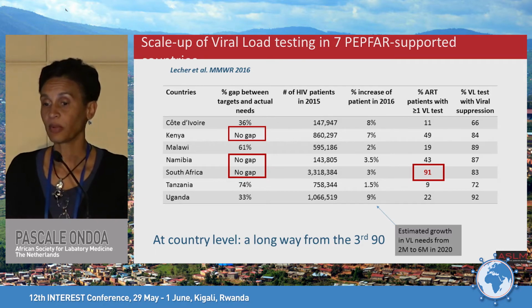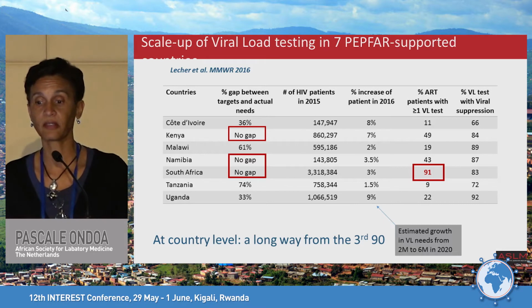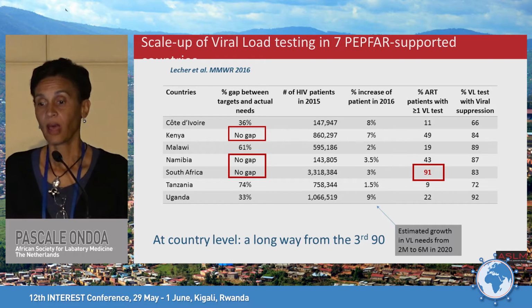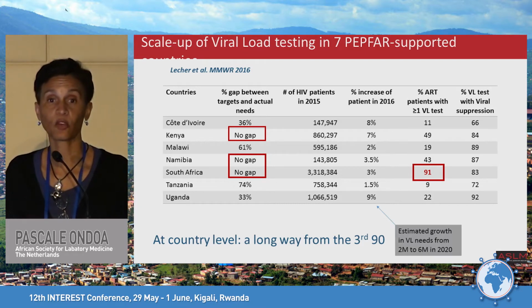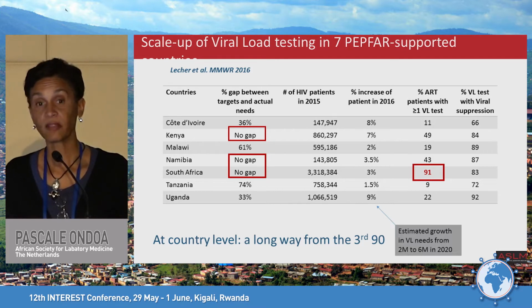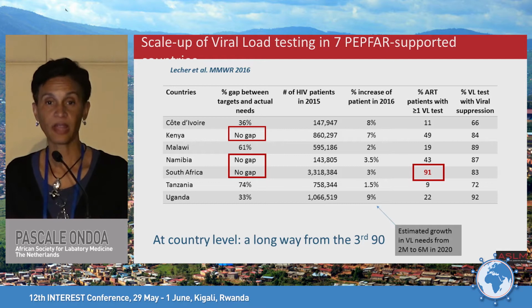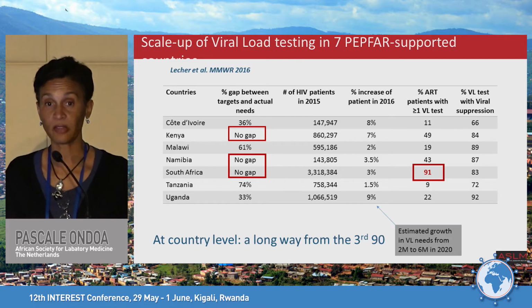This is a paper that has been published in 2016 that shows a few selected countries and describes the gaps between the testing targets of these countries and their actual need. We can see that in some countries like Kenya, Namibia, and South Africa, they actually have enough testing capacity in order to meet their target.